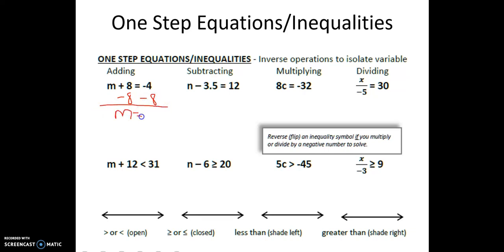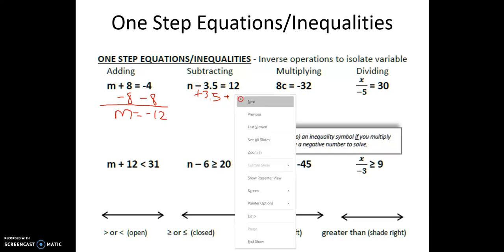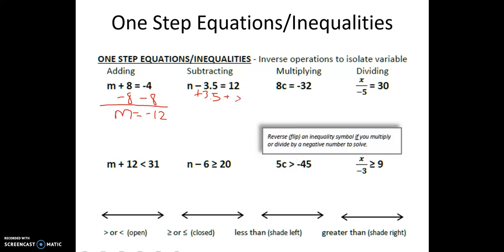So m is equal to, I have negative 8 and negative 4, so I'm actually adding, they have the same sign, so that gives me a negative 12.